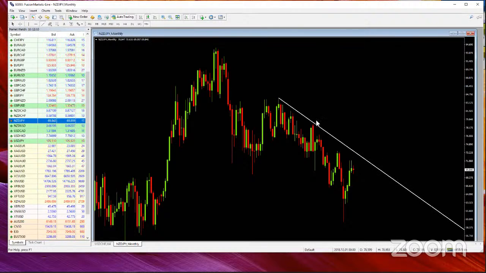This is the most important time frame that you can deal with, because this is the primary trend. There are three significant trends in the market. You get the primary trend, which is months to years. You get the intermediate trend, which is weeks to months, and you get your minor trend, which is days to weeks.